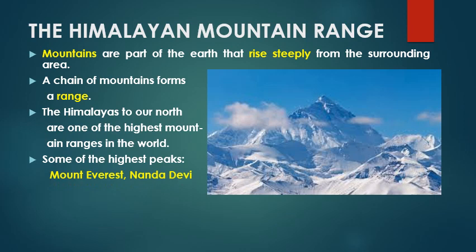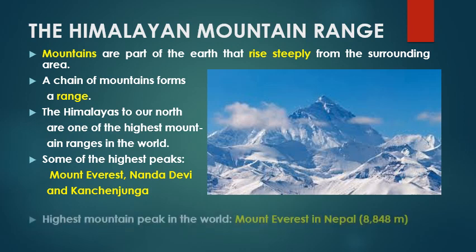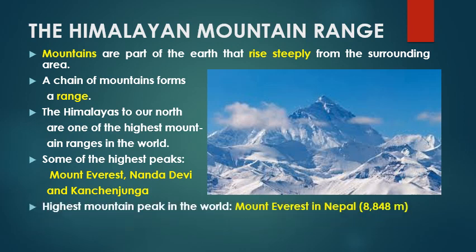They are Mount Everest, Nanda Devi and Kanchenjunga. And the highest mountain peak in the entire world is Mount Everest. And in which country does it lie? It lies in Nepal, and it is 8,848 meters high.